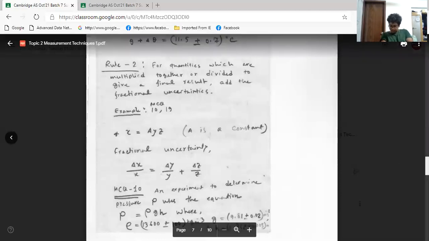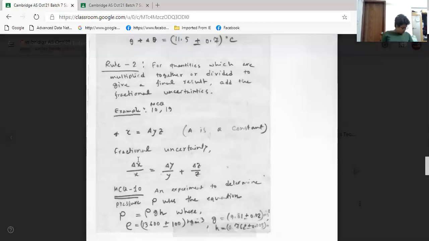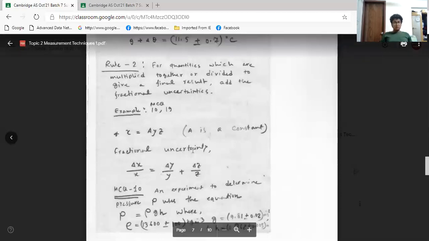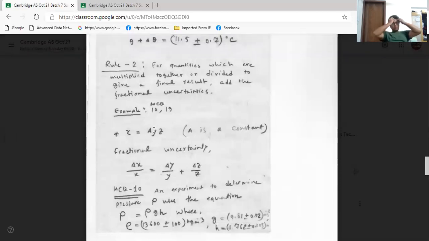Is it clear? So the fractional uncertainty of x, which is the product, is equal to the addition of fractional uncertainties of the two variables which you multiplied.